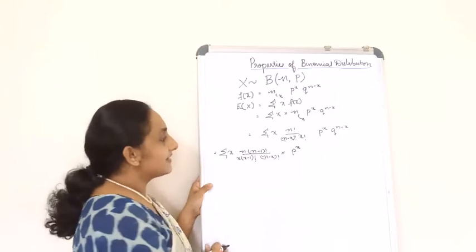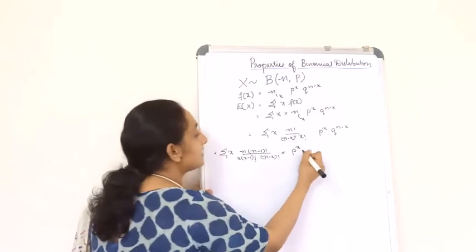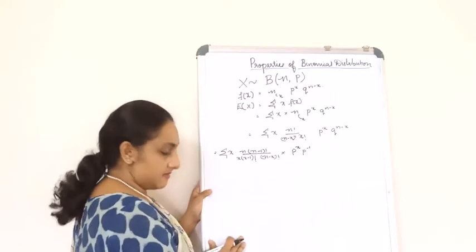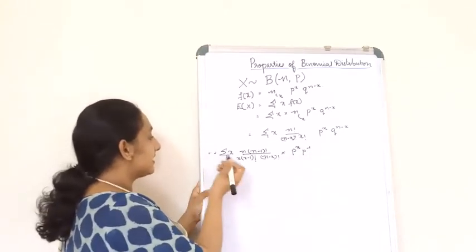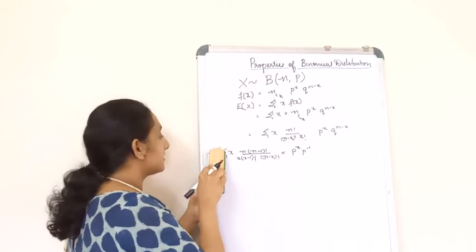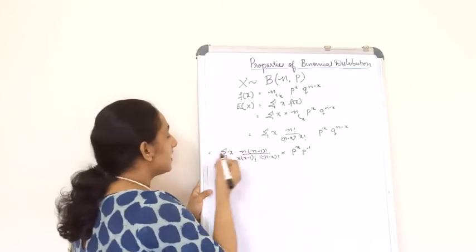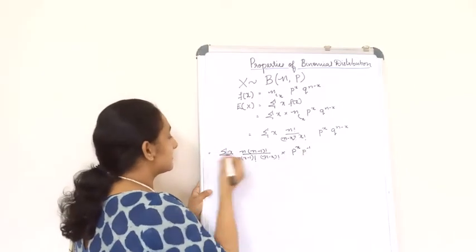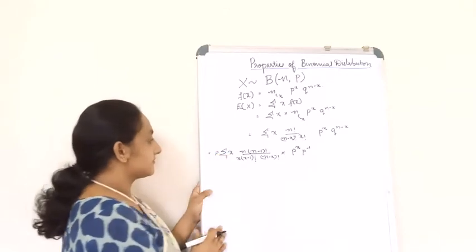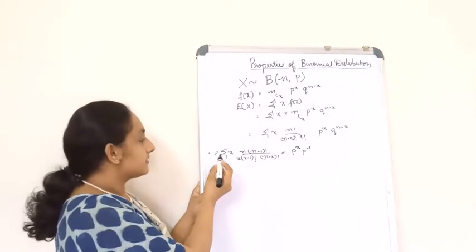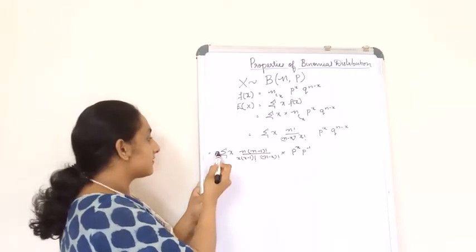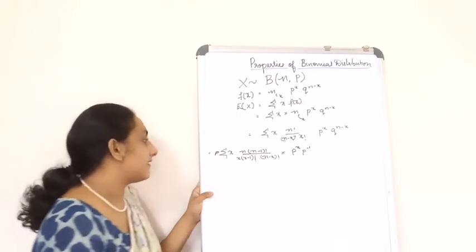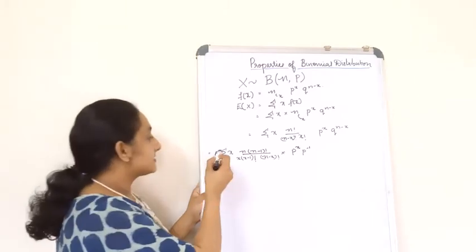Instead of p raised to x, I am going to add a p raised to minus 1 over here. When I add p raised to minus 1, I have to compensate for this value, so I add a p over here. I keep that outside the summation since it is a constant and doesn't have an x.